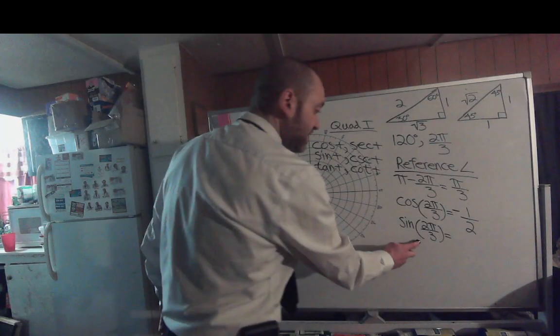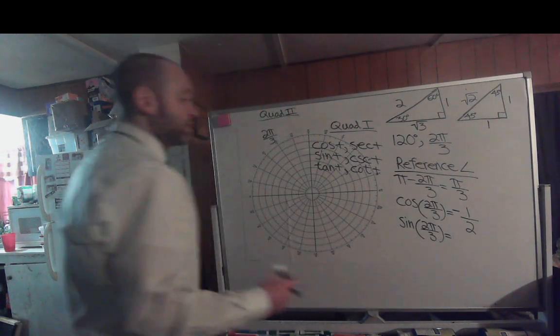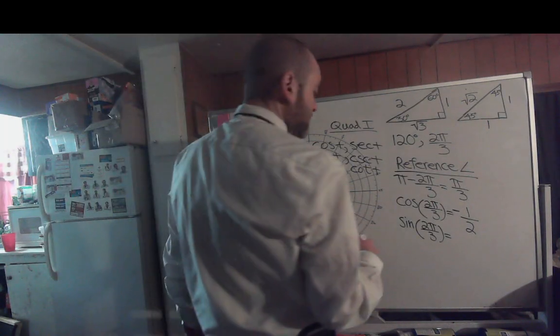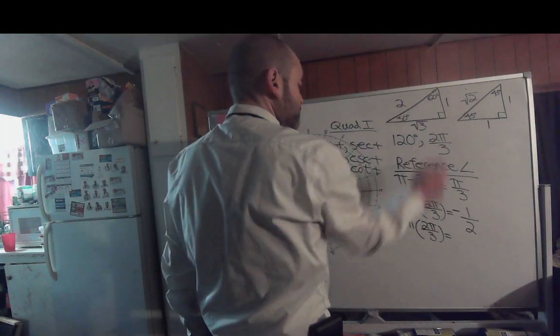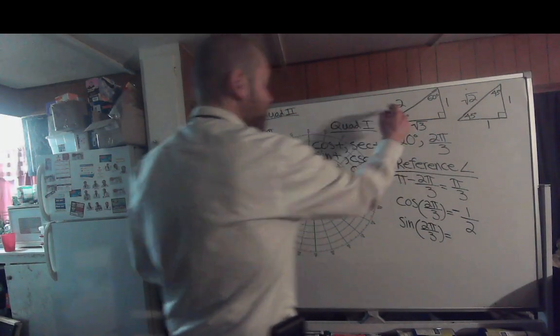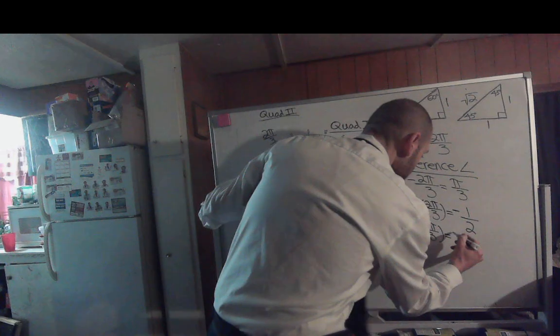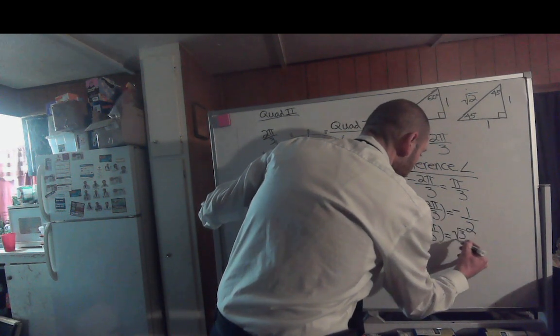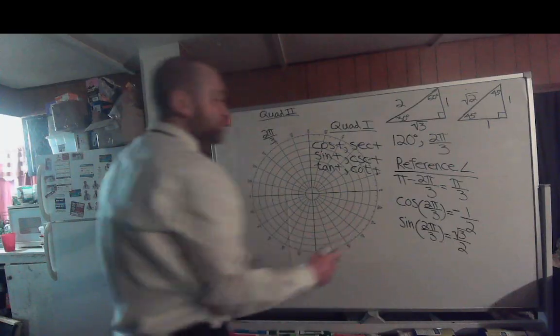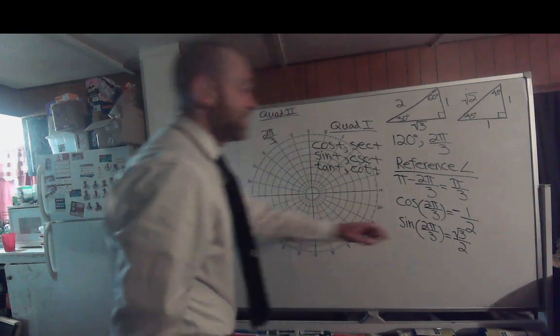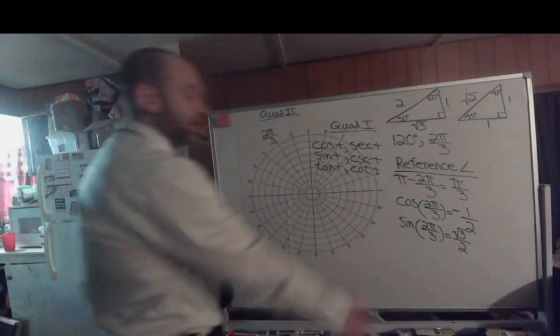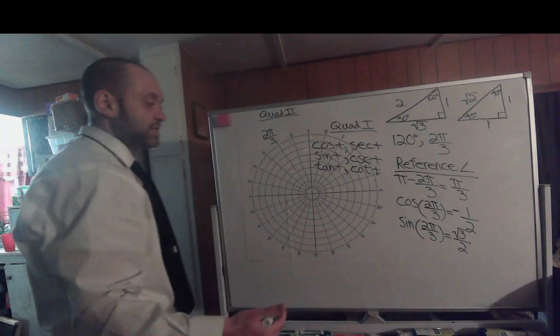The sine is your y coordinate, so the sine of 60, which is 2 pi over 3, would be the square root of 3 over 2, but it's going to be positive square root of 3 over 2. So your cosine's negative, but your sine is positive, because your x is negative and your y is positive.